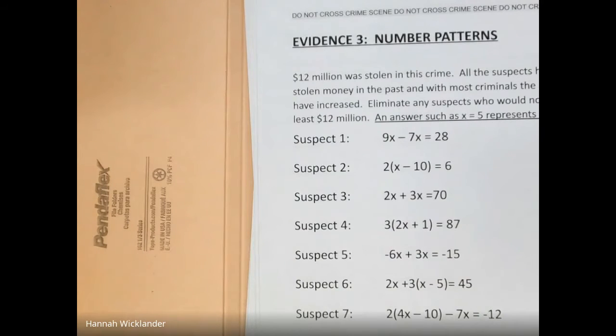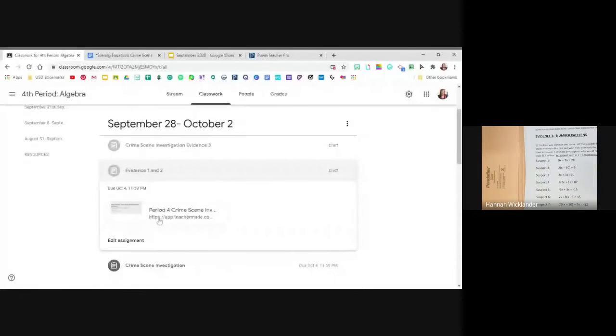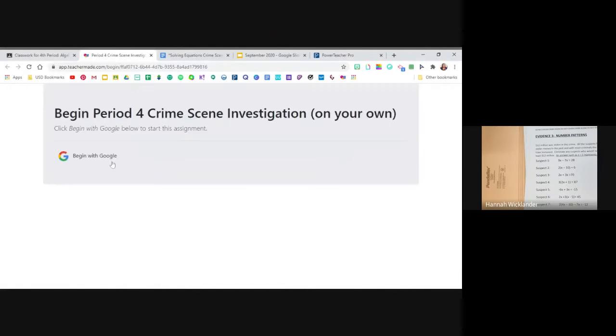What I have done for you guys is we're going to use a new program titled TeacherMade. And what it does is it grades it for me. So I'm going to show you guys that. You'll go on teachermade.com, log in with your Google account.